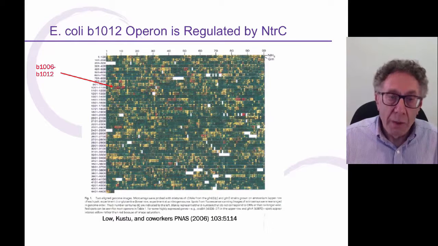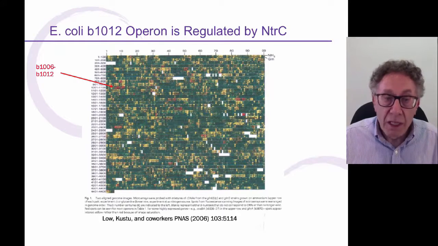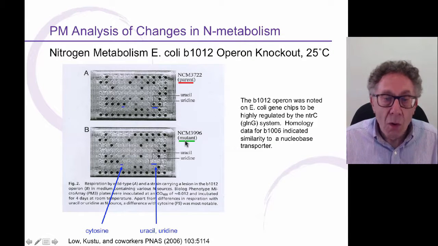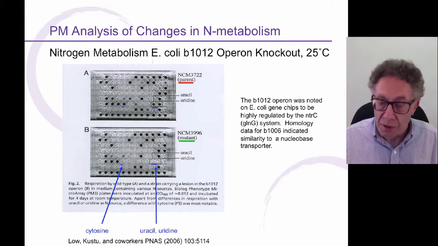So the strong implication was that it was a nitrogen-regulated pathway, but other than that, no information. So they simply made a knockout and ran a comparison of wild type, shown here, to mutant, shown below, with different nitrogen compounds, and they found that when they knocked out the pathway, the cell lost the ability to metabolize pyrimidines, cytosine, uracil, and uridine as nitrogen sources.